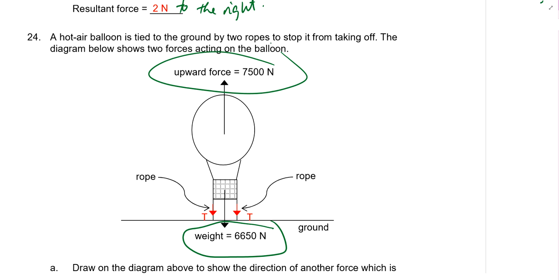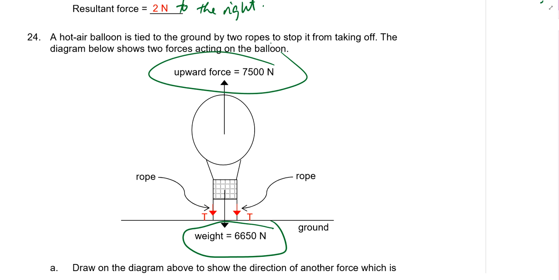What is stopping it from going upwards? There are 2 ropes that are stopping it from going upwards. Okay? So therefore, there must be forces acting downwards in order to keep it stationary. Meaning the resultant force must be 0. Make sense so far? When it is stationary, the resultant force over here must be 0.